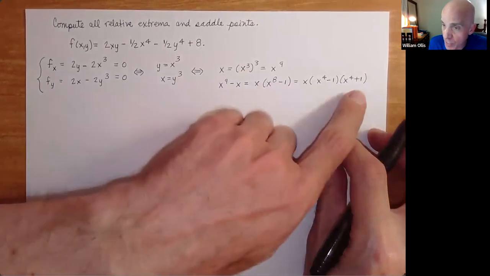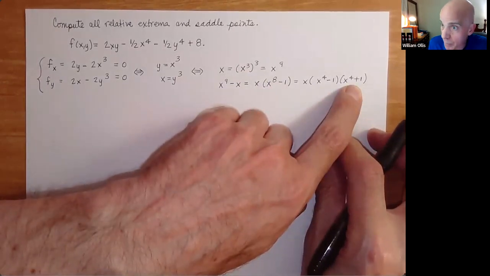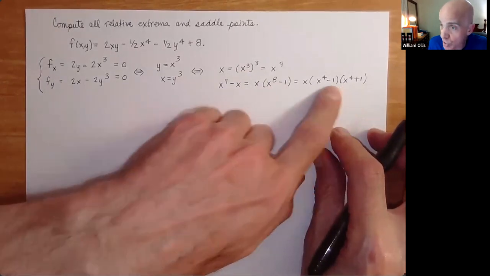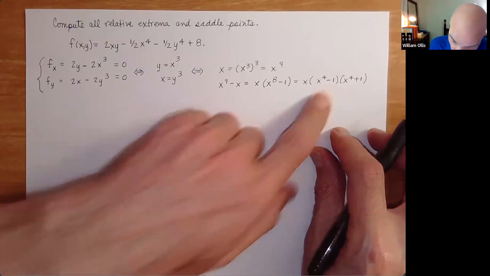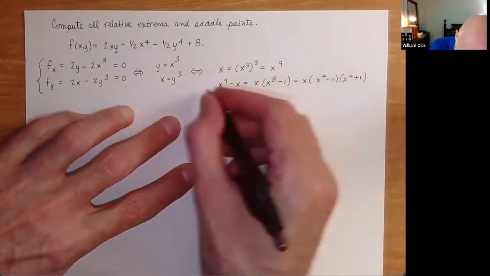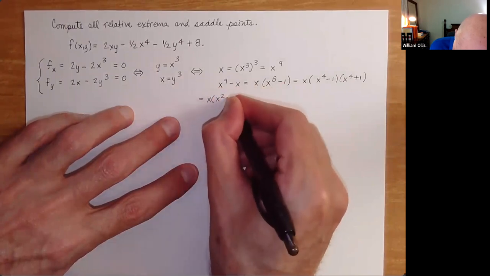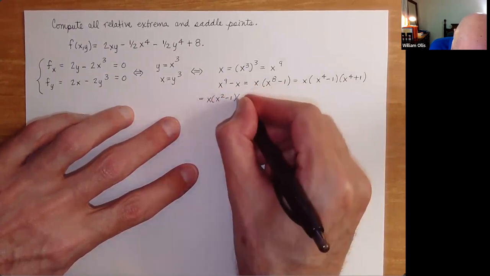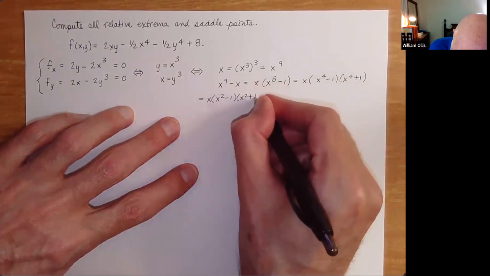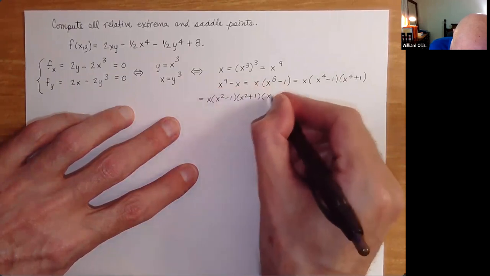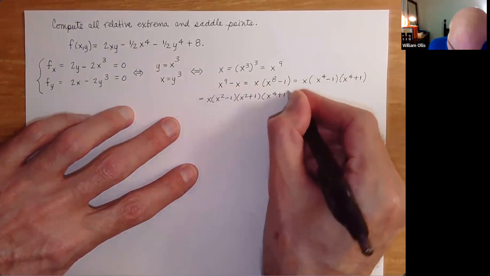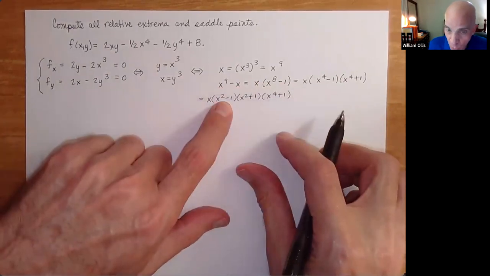Of course, this only has imaginary solutions, so we'll just continue to factor the difference of squares in the other term. So this will give us x squared minus 1 times x squared plus 1 times x to the 4th plus 1. And then the last difference of squares is right here.